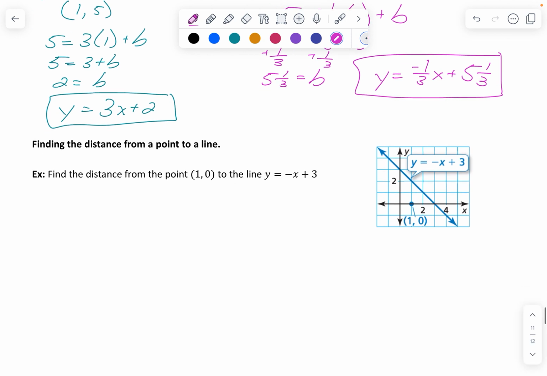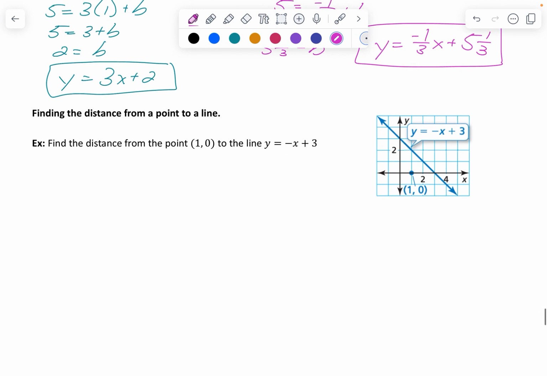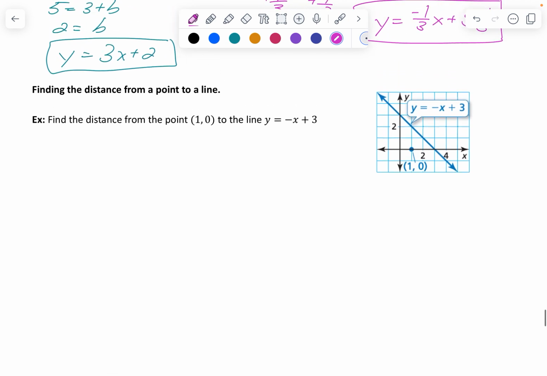All right, finding the distance from a point to the line y equals negative x plus 3. This is a super problem because we kind of need to find out, now we can almost see it on here, but we never know for sure.